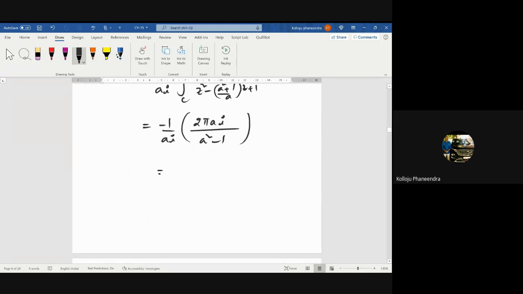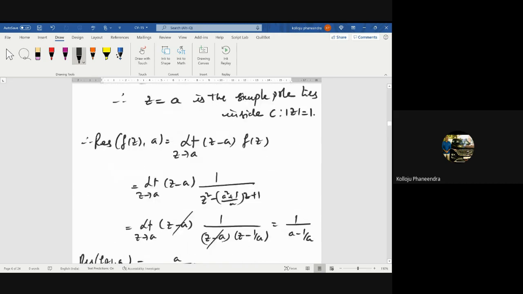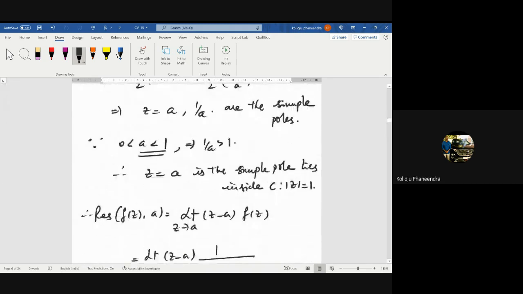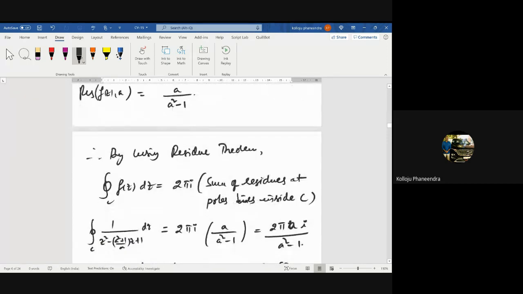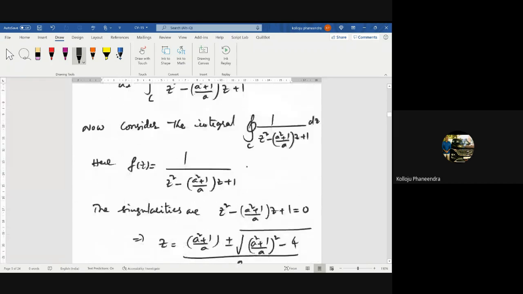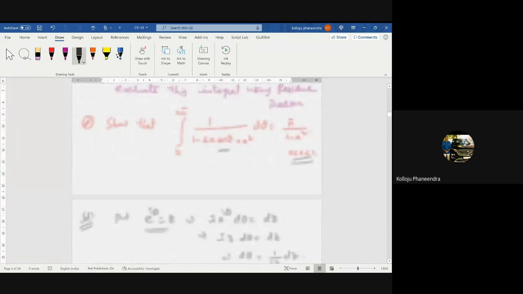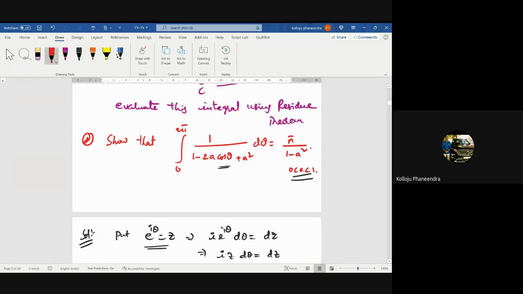So this value is 2 pi by 1 minus a square. Is that the required? 2 pi by 1 minus a square, right? I'm getting 2. So there's a mistake. 2 will be there. Yes, 2 pi is there, 2 is there. Done. Exactly. So in the question, you change this. This is 2 pi I, 2 pi by 1 minus a square.